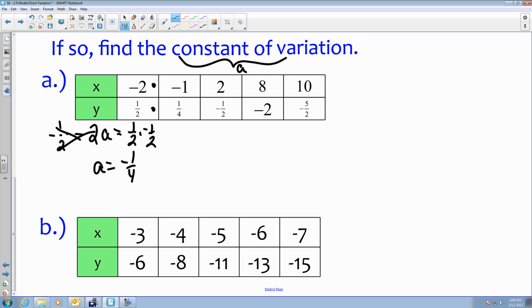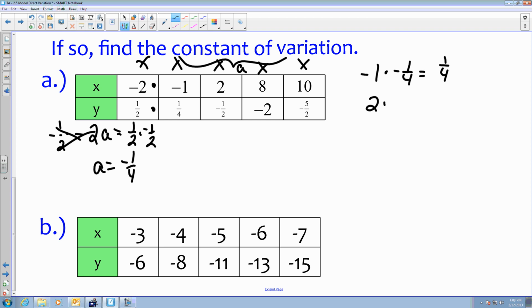And so what I have to prove is in every single one of these boxes, that x holds true for that exact a. So what I mean is, does negative 1 in the second one, if I multiply that by a negative 1/4, will it equal 1/4? Yes, it will.